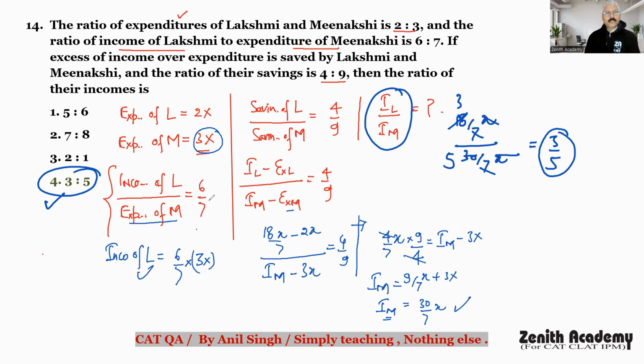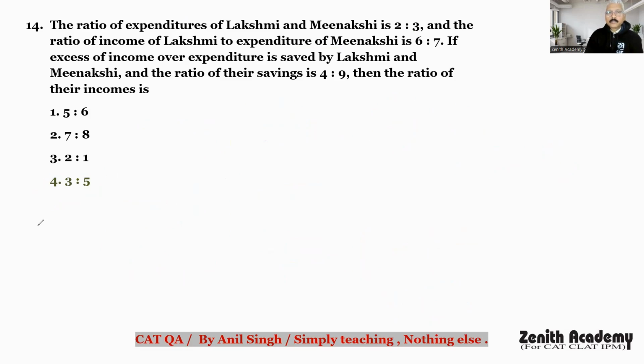Now take one quicker approach. How can you solve this question by a quicker approach? Here, Lakshmi and Meena: income, expenditure, and saving.